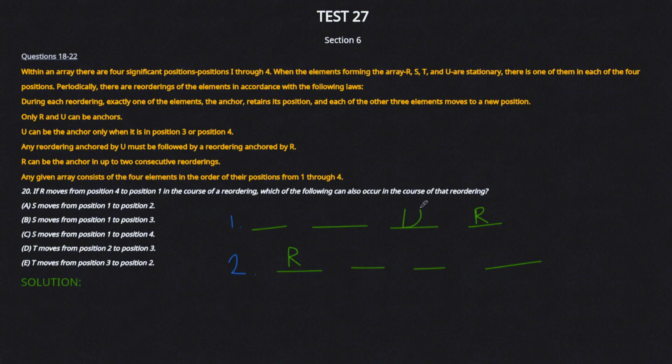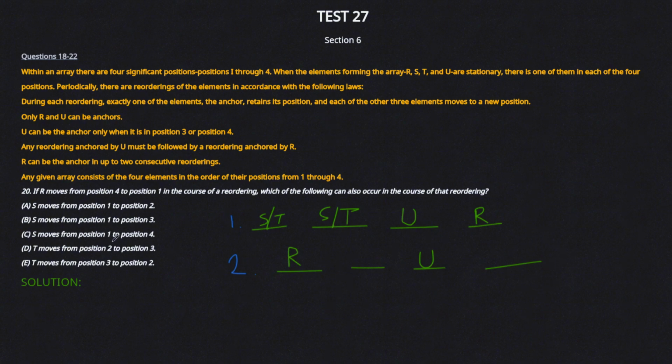So U has to be at position 3 here, because R has already occupied position number 4. And now we're left with S and T, and these two will occupy one of the remaining spots.